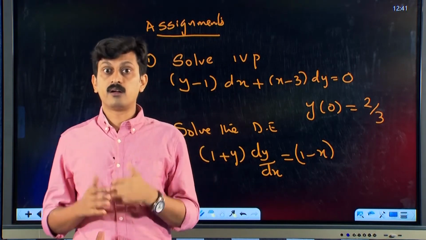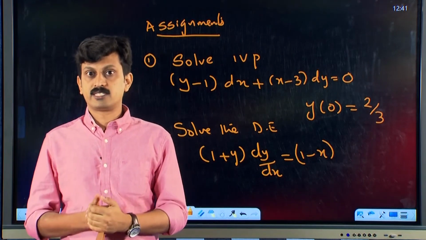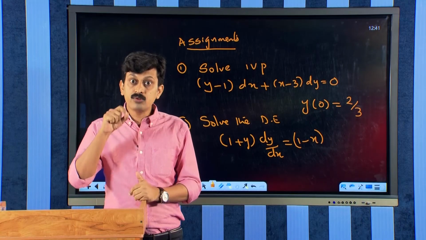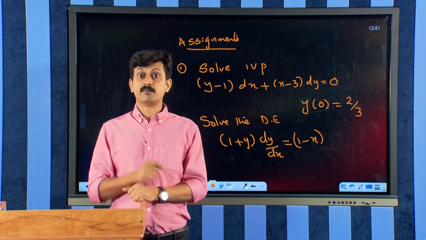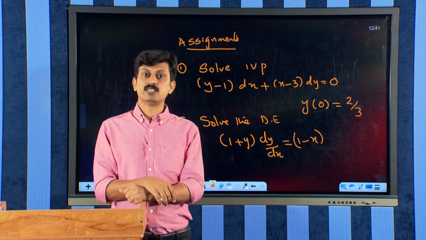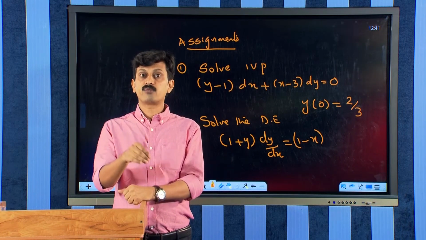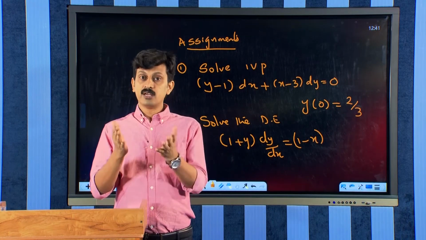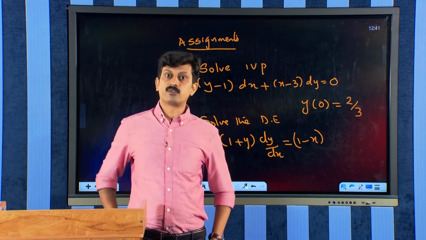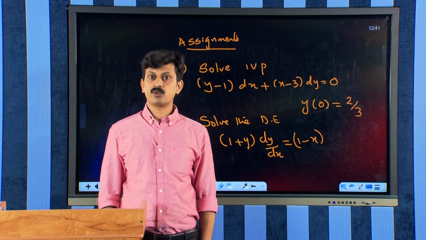Then we can find the particular value of the arbitrary constant c. So, while replacing the value of the arbitrary constant c in the general solution, we will get the particular solution for that initial value problem.